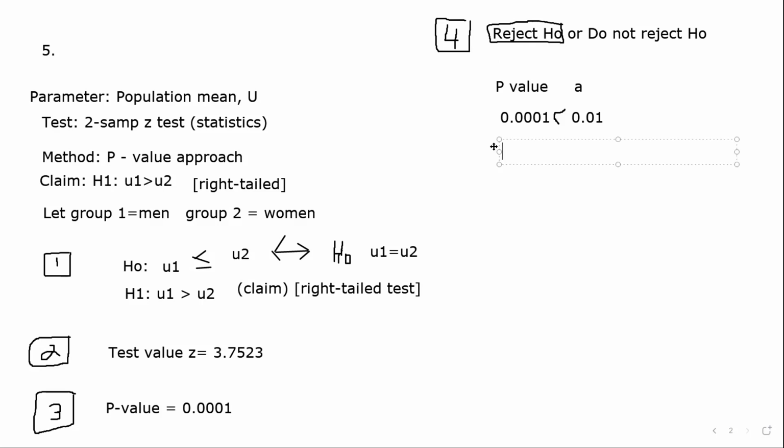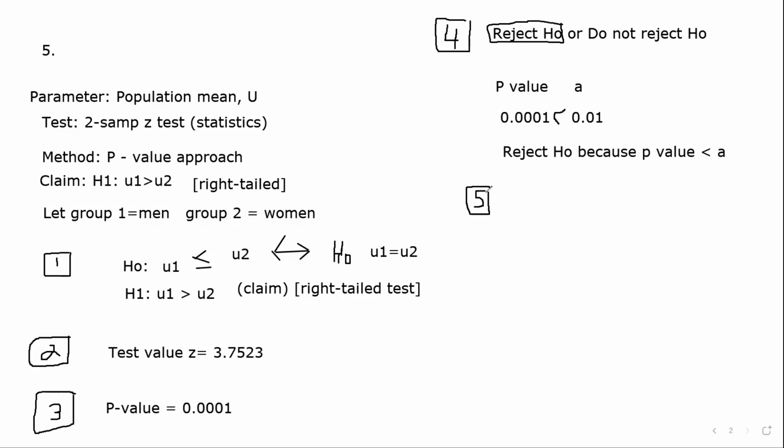We reject the null, reject H0 because p-value is less than alpha. And so step 5, we rejected the null.